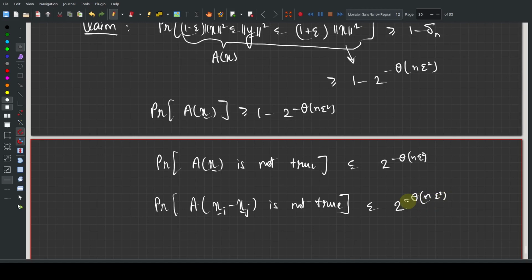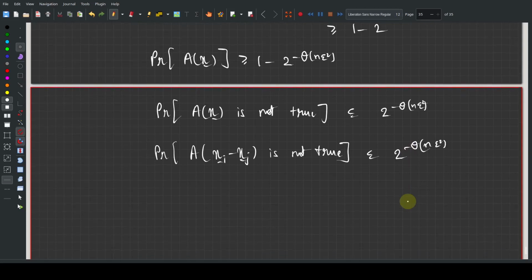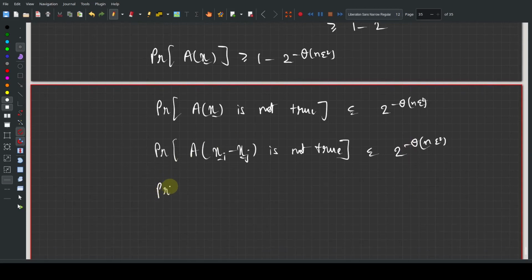But how many pairs are there? Yeah, m choose 2, right? There are m points. So what is the probability that this does not happen for any one of the pairs? Now I can basically use a union bound and upper bound this by m choose 2 times this particular quantity, and then choose the smallest n for which this quantity is upper bounded by delta.